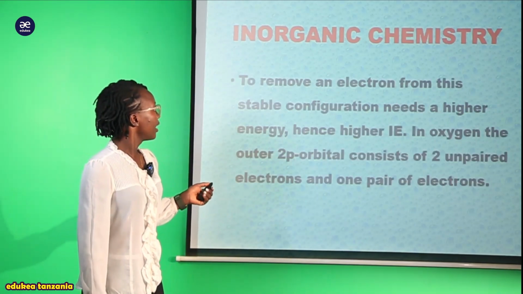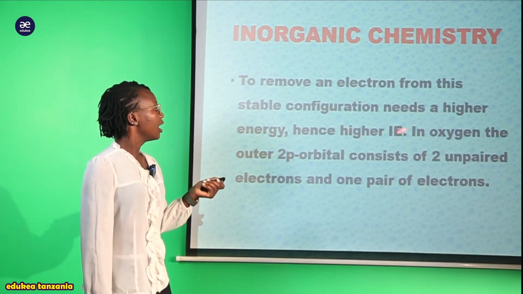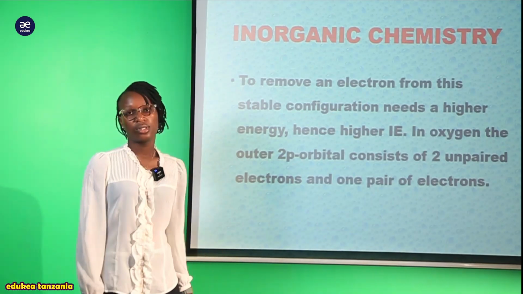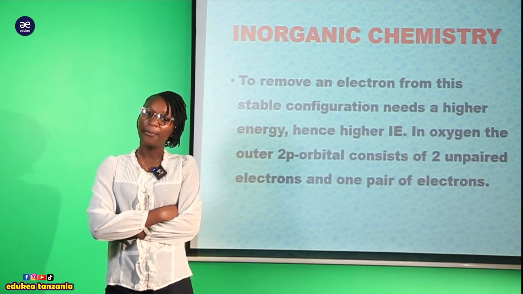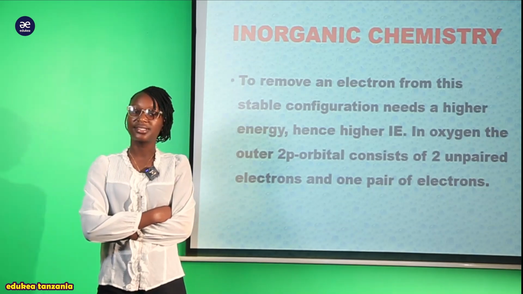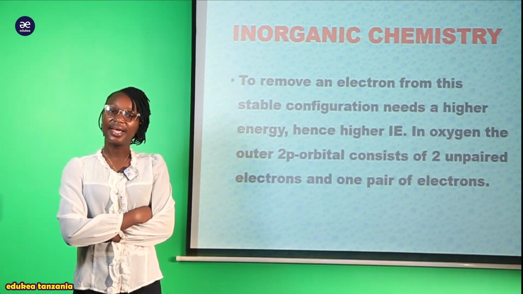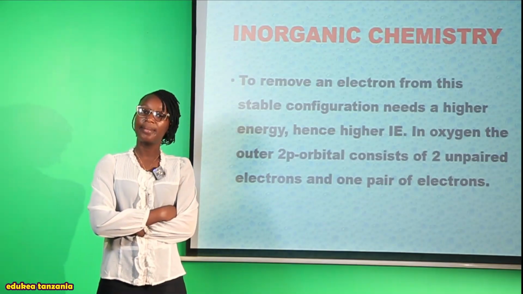So anasema kwamba to remove an electron from this stable configuration needs a higher energy. Sasa hapo ndipo tofauti unapoanzia. Kwa sababu kwenye ile 2p orbital of nitrogen, wakati tunaandika electronic configuration, you can see that it has 3 unpaired electrons. Kwa hiyo sasa ile configuration ina attain stability.